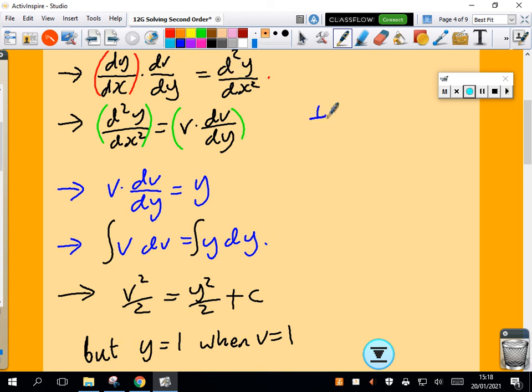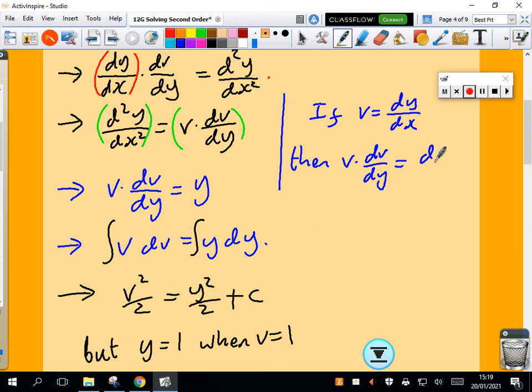One thing, you can commit this to memory if you want, but do go through the process, understanding the logic. I've never committed this to memory, because my brain doesn't work that way. But if v is equal to dy/dx, then v dv/dy is equal to the second derivative.